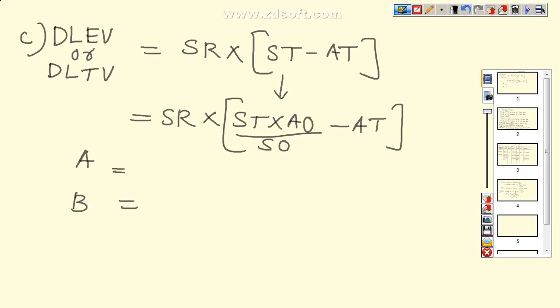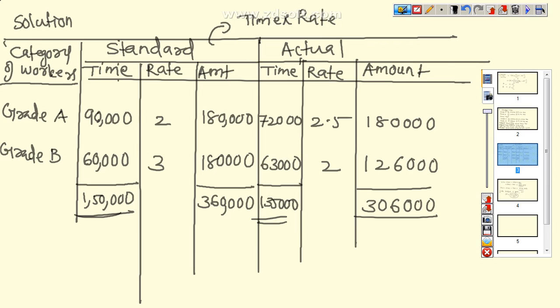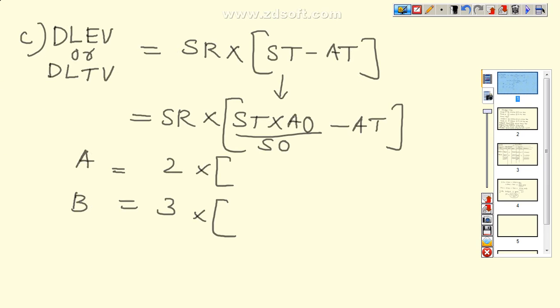So we write it here 2, 3 multiplied by standard time, already we have calculated standard time 90 and 60. So we write it here 90,000 and 60,000 multiplied by actual output.